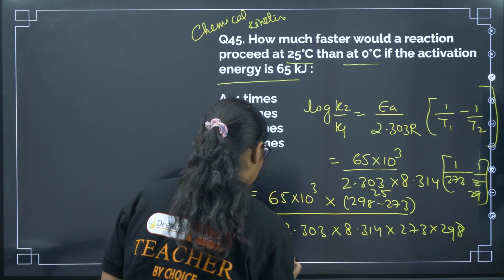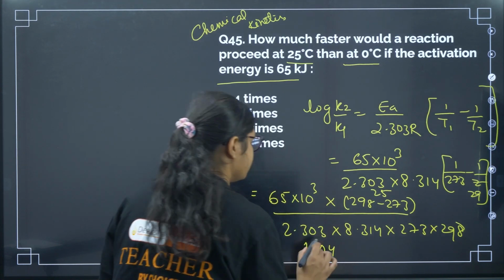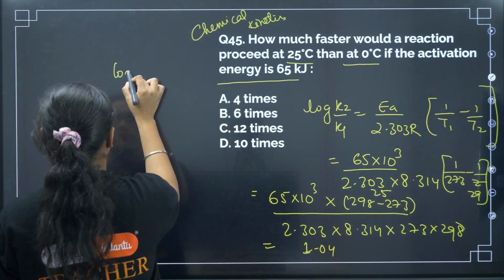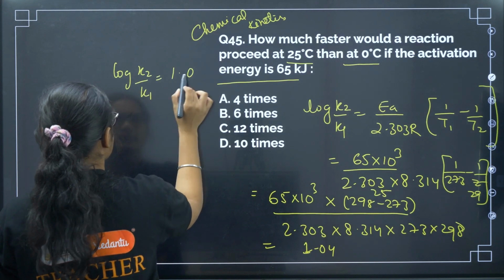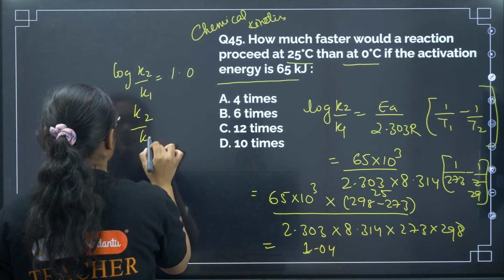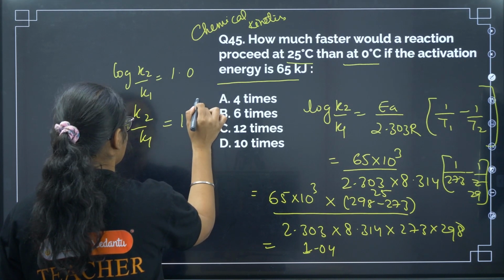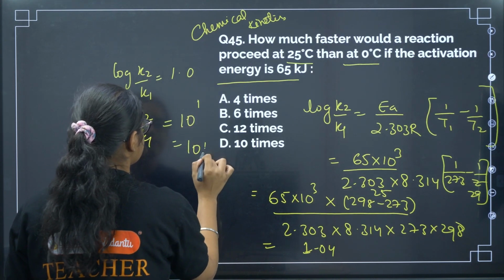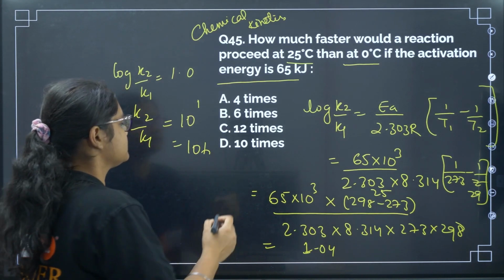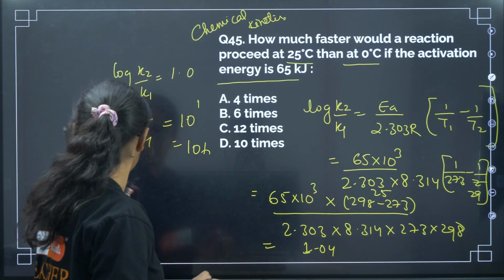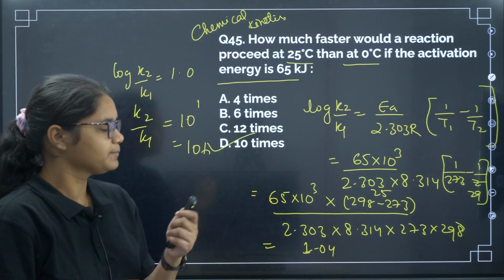So this ratio will be coming around 1.04 something. So I can say log of K2 by K1 is equal to 1.0 something. So K2 by K1 will be equal to 10 to the power of 1, that is equal to 10 times, right? So the rate increases by 10 times, okay? So the correct answer for this question will be option number D, that is 10 times.